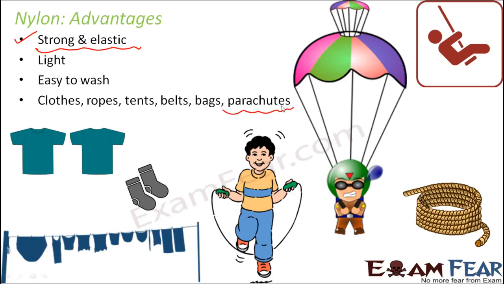It is also used to make parachutes. These ropes and parachutes are made of nylon. The skipping rope which you use, there also you often see nylon being used. The nylon rod is also used for drying clothes. So there are a couple of advantages associated with nylon, and the most beautiful property of nylon is that it is very strong, elastic, and at the same time light in weight.